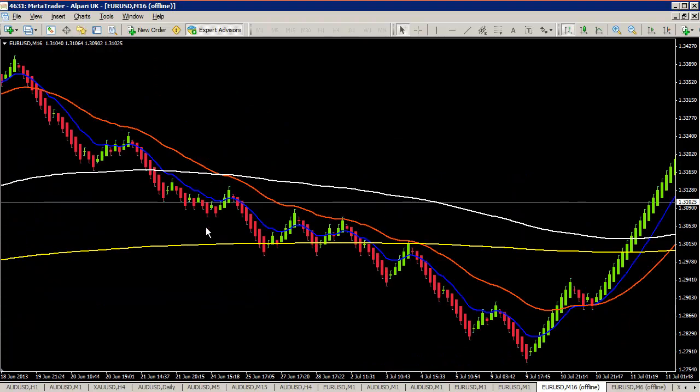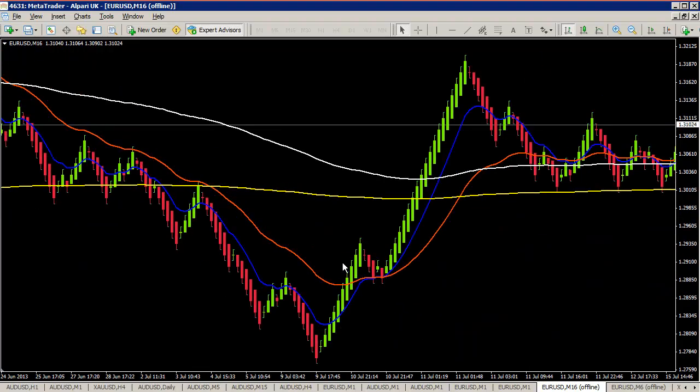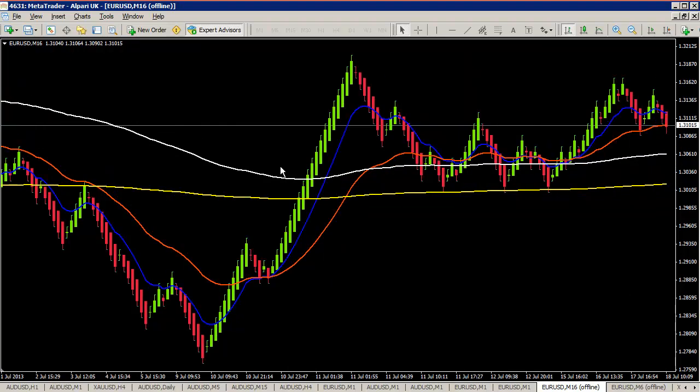Also, there is room and space between all the EMAs, and even on the longs here you have still a lot of space before it's reaching the 206.33. And now it becomes interesting.